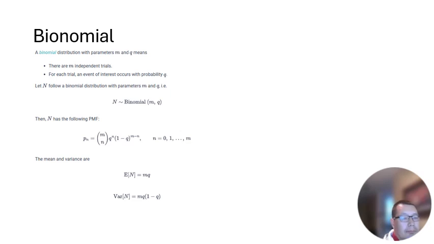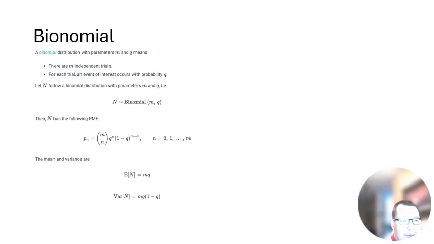The next distribution we are going to talk about is binomial distribution. A binomial distribution with parameters m and q means there are m independent trials. For each trial, an event of interest occurs with probability q. Let N follow a binomial distribution with parameters m and q.